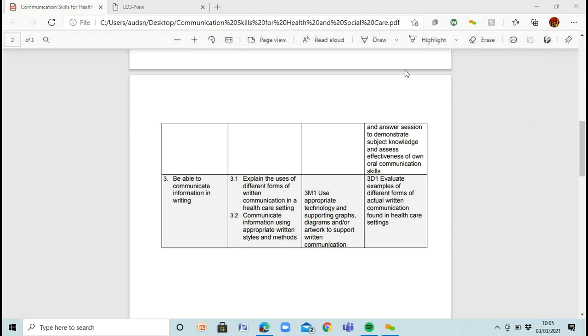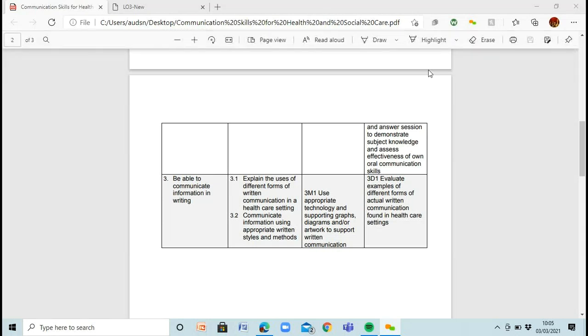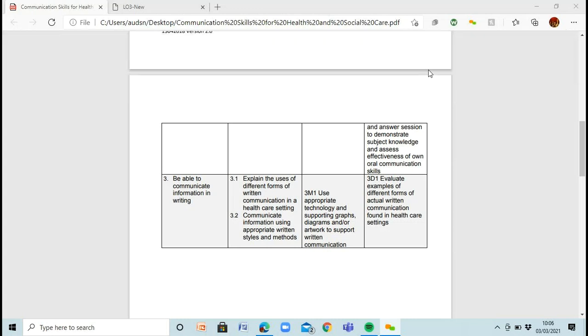Then the merit criterion is to use appropriate technology and supporting graphs, diagrams, and/or artwork to support written communication. And then 3D1 is evaluate examples of different forms of actual written communication in a healthcare setting.